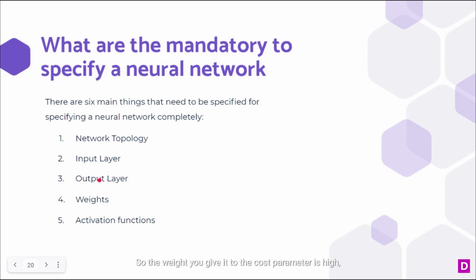So if the weight you give to the cost parameter is high, the decision to go to the restaurant or not is severely impacted by that input signal. That's why we have to define the weights associated with each input signal. It's not just the input signals. As I mentioned, we also have other layers between input and output, the hidden layers, and there will be weights associated between those hidden layers as well. We will study these things in further sessions.